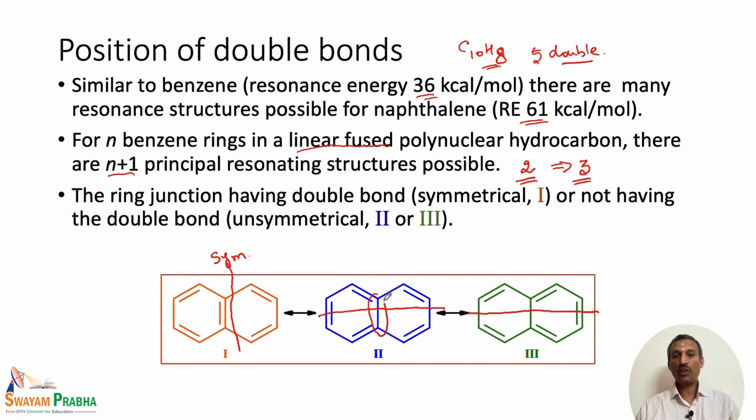So, we do not have a symmetry across this particular bond, and that is why these two structures are called unsymmetrical structures. In all 3 structures, we have 5 bonds distributed in the 2 benzene rings. Based on stability, the symmetrical structure contributes more to the resonance than the other 2 structures.